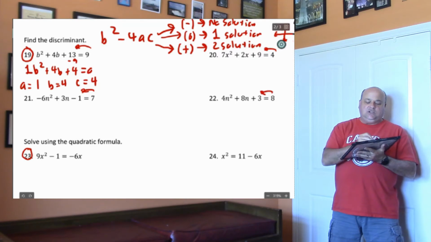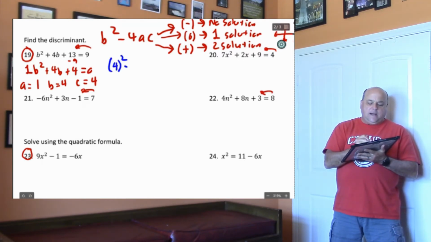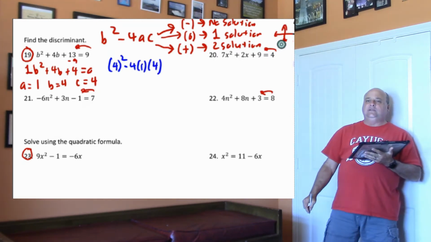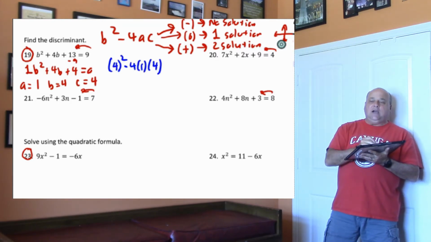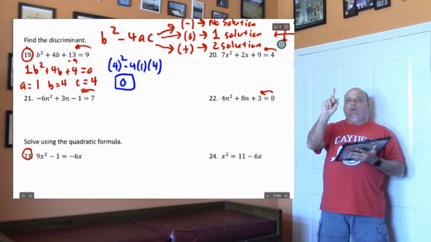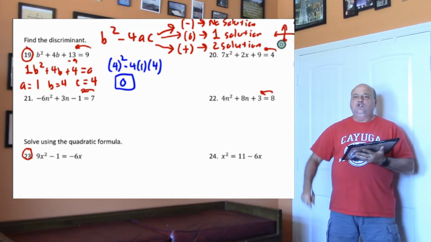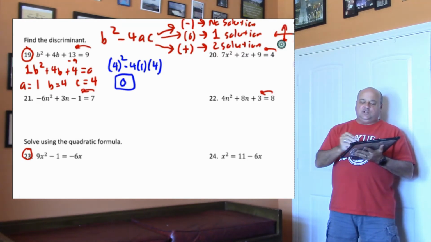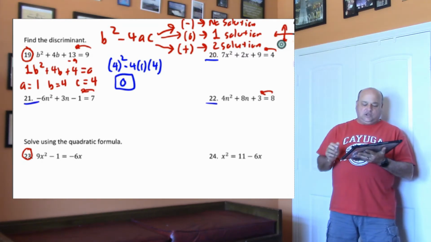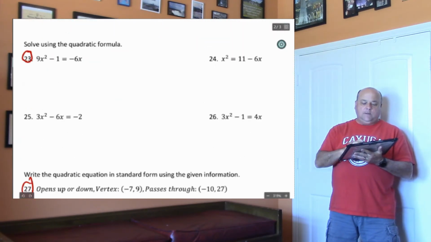So I'm going to do b squared, which is 4 squared minus 4 times 1 times 4. And you would punch that into the calculator as is. If you punch it into the calculator, you get 16 minus 16, you would get 0. There would be one solution, wasn't there? So in all these problems, you just find the discriminant. There's 3 more. Do any 2 of them. You can pick 2 if you want to do, okay?